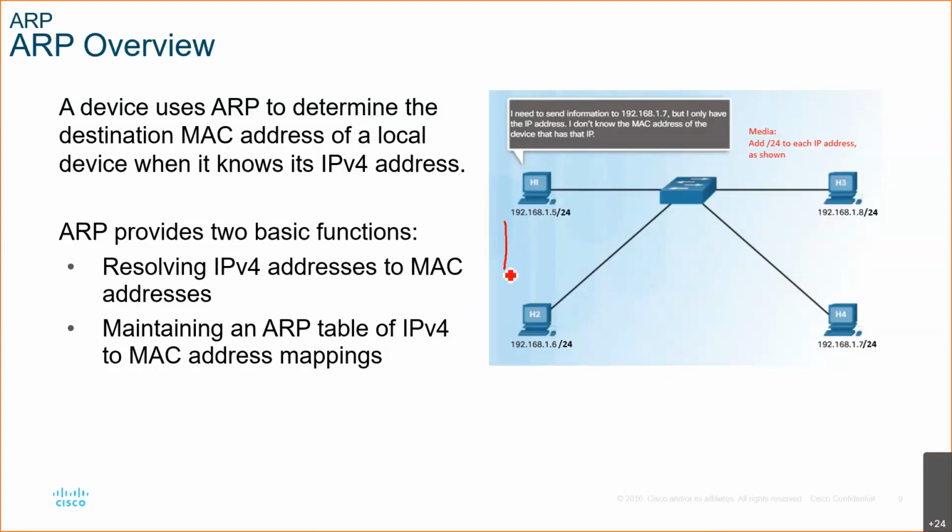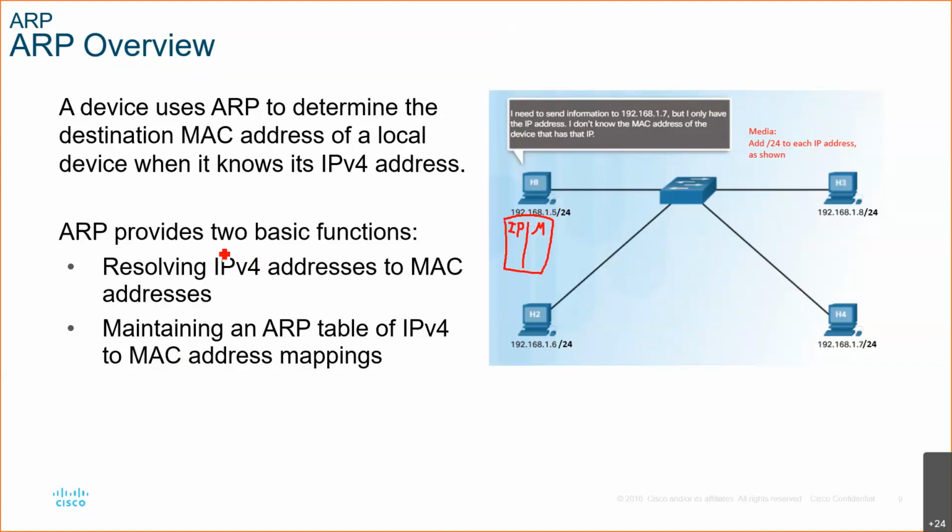For example, over here, .5 has got a table which has got the IP address of every device on the network, along with its MAC address. IP to MAC mapping. And that is the whole purpose of your ARP table.